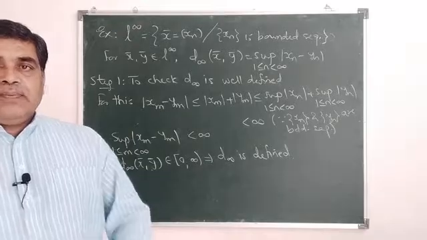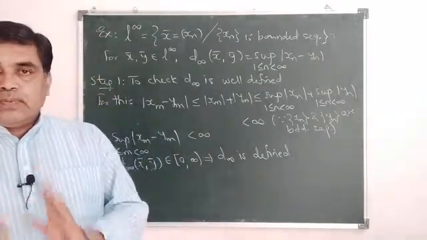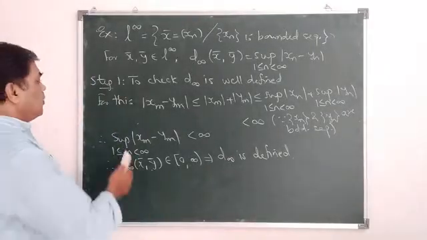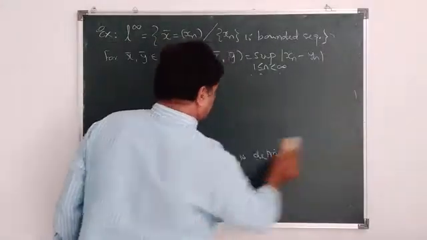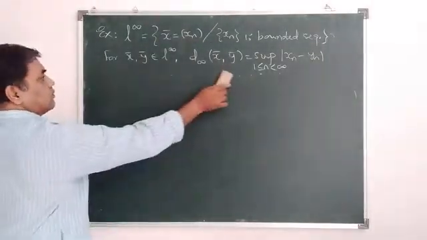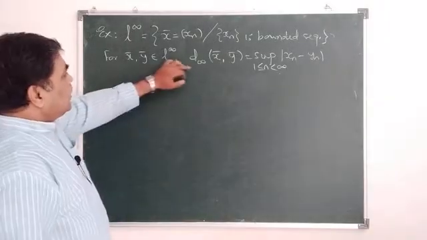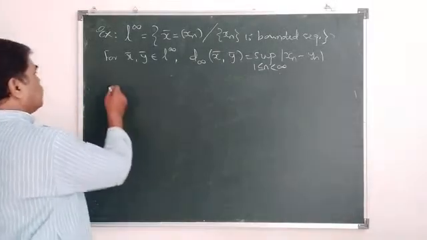Now we have to verify that D infinity satisfies all axioms of metric. So we will verify the 4 axioms of metric one by one. So first axiom M1, we have to show that D infinity of x bar y bar is greater or equal 0.